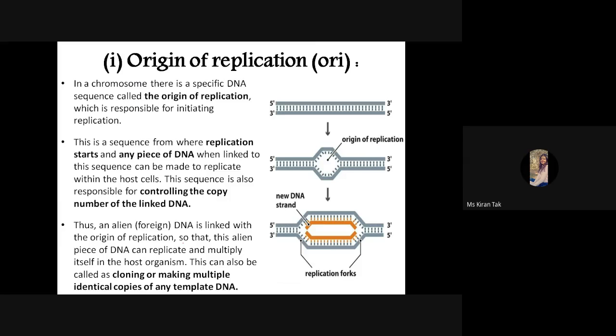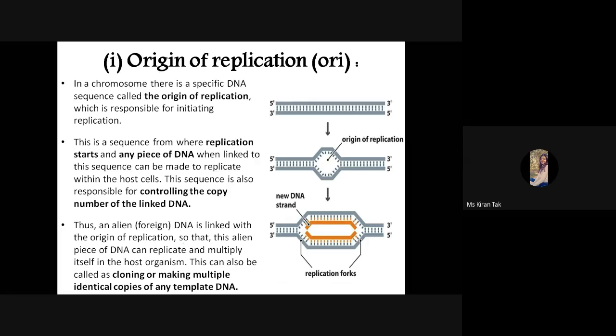In a chromosome, a specific DNA sequence is present that is known as the origin of replication, which is responsible for initiation of the replication process. It is a sequence where replication starts, and when we link our gene of interest with that particular region, replication of our gene of interest also takes place.